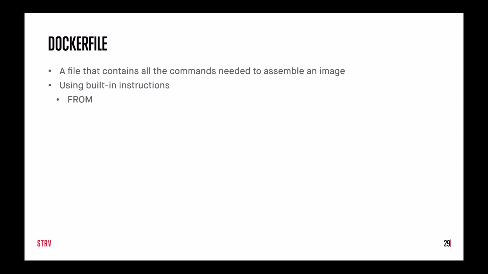It uses built-in instructions, and one of the basic ones is FROM, which specifies the base image. Usually you don't start from scratch because you would have to do operating system configurations and so on, so we usually start with a proper base image.